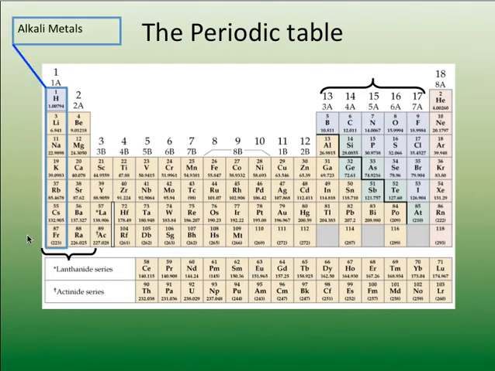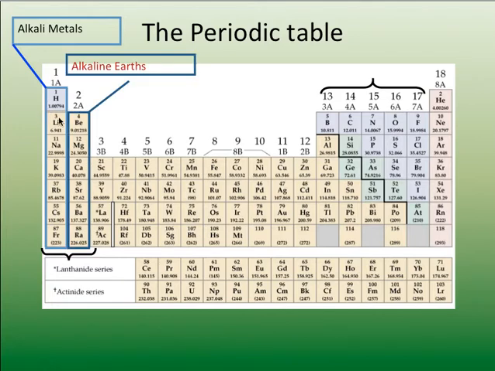It is important that you know specific groups. The first group, group 1, are known as the alkali metals. I would actually exclude hydrogen from that. The alkali metals are from lithium to francium. The second group are your alkaline earth metals.